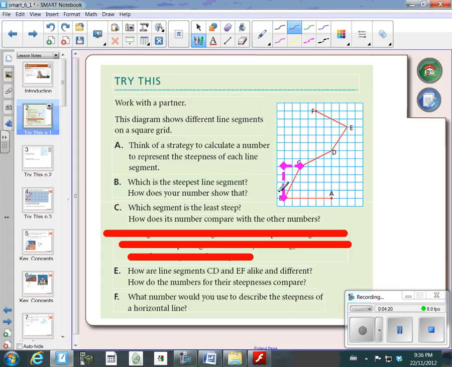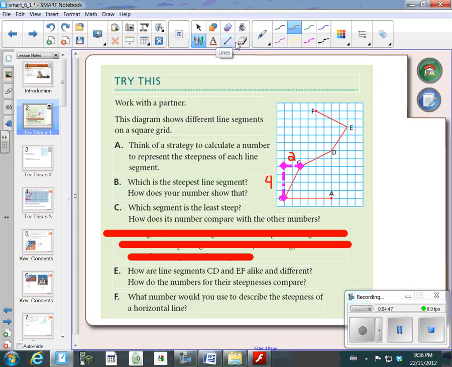Well, we went up 1, 2, 3, 4 boxes to get from the bottom to the top. And then, after we rose up 4 boxes, we went horizontally over 2 boxes. So we would say that we've risen 4, and then we ran 2.